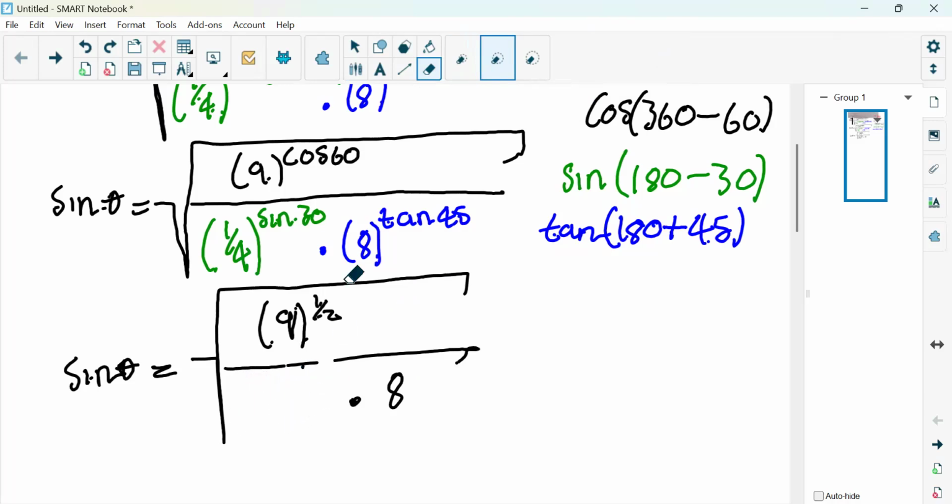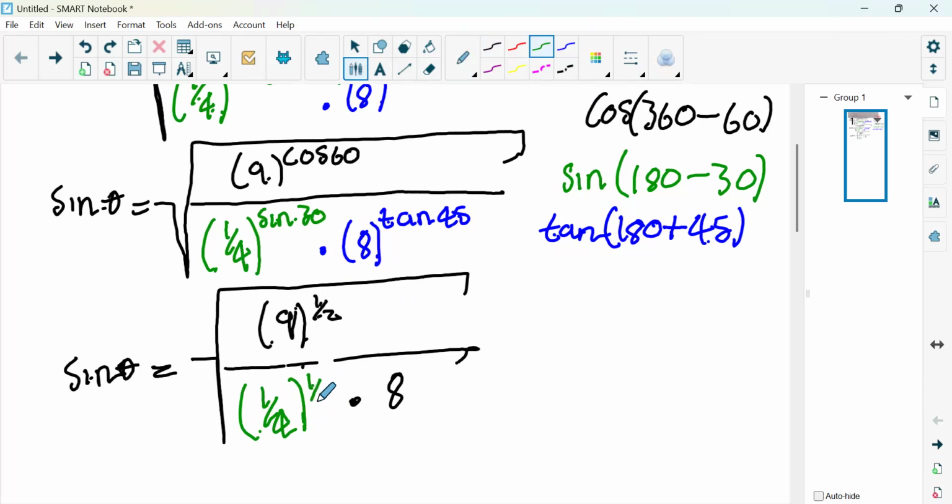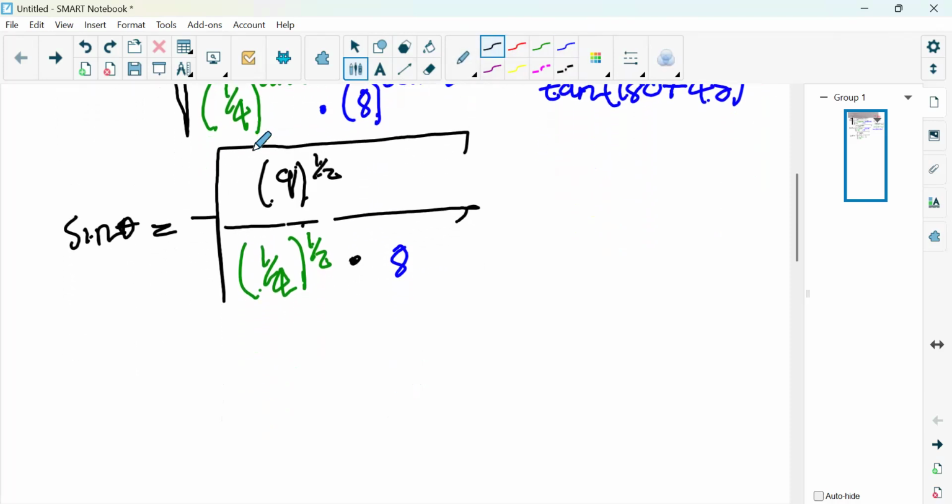The sine of theta is equal to root. We can say we're going to have 3 to the power of 2 instead of writing it as 9. We could have done it so that we just simplify our steps. 3 to the power of 2, multiplied by 1/2, which gives us 1.